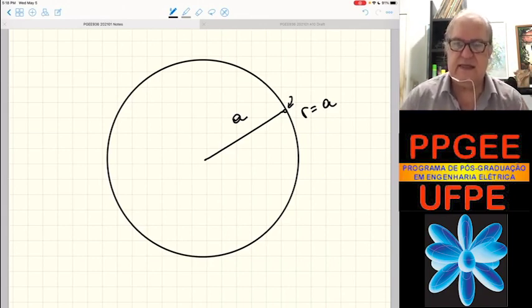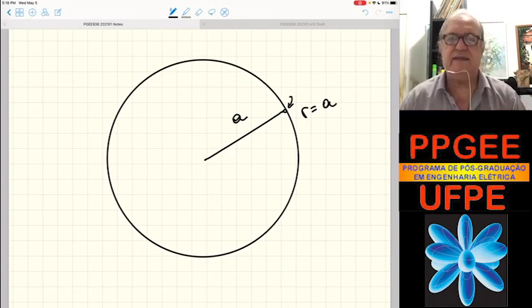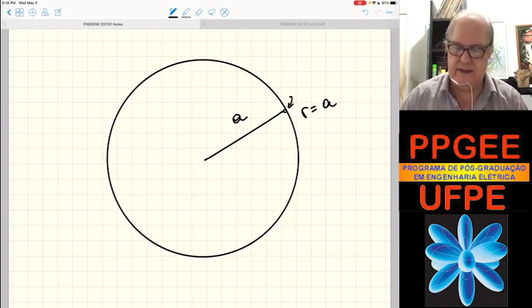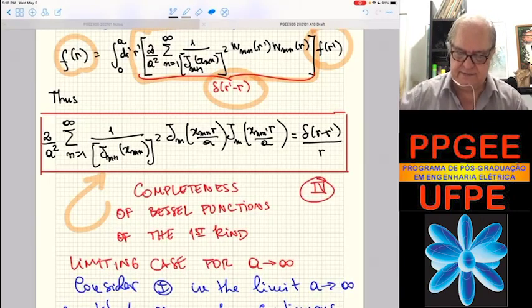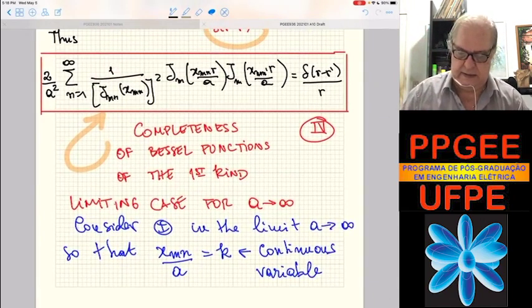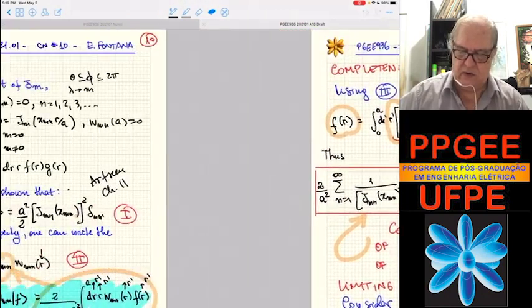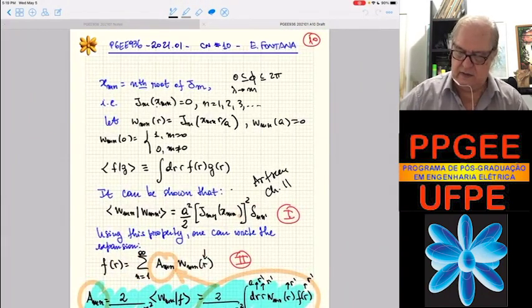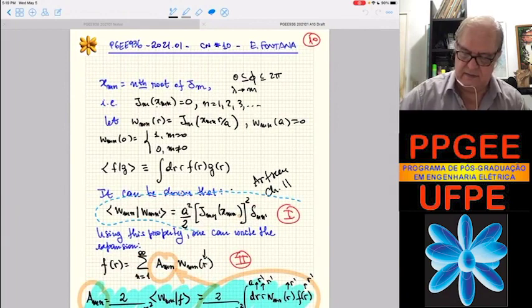So let's consider that. What is the completeness relation for a very large a? Let's take a look at that. Let's take a look at this completeness relation here, which is this one, right?